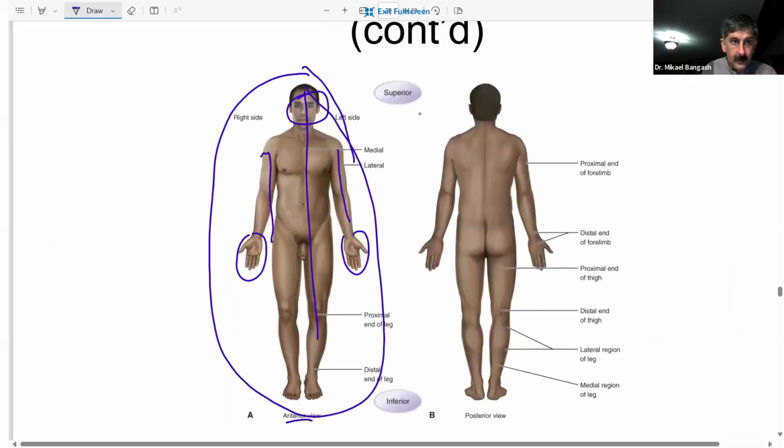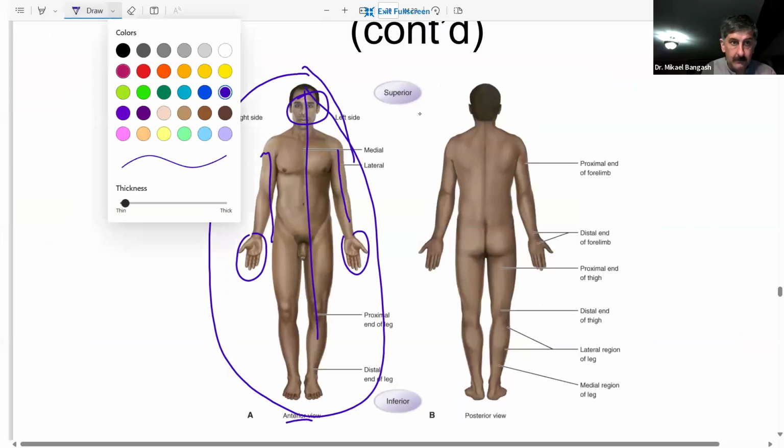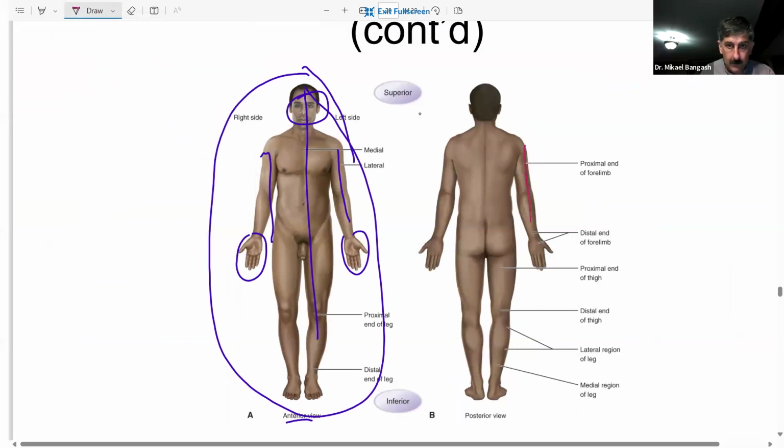If the anatomy is, we say arm, it can be the whole thing. It's going to be this. Now, this is what we will refer to as the upper arm.